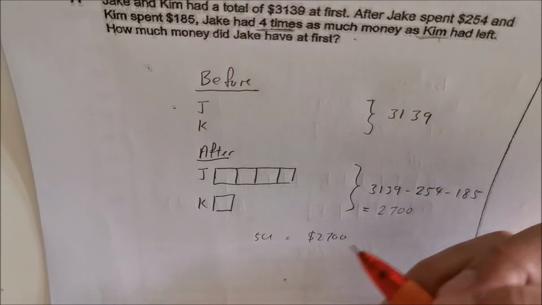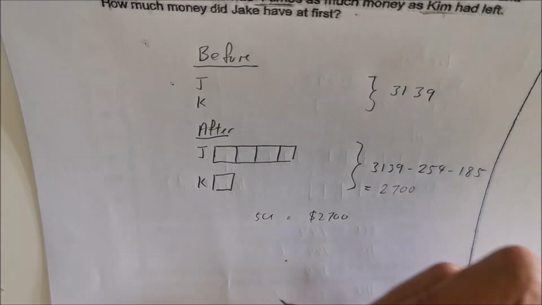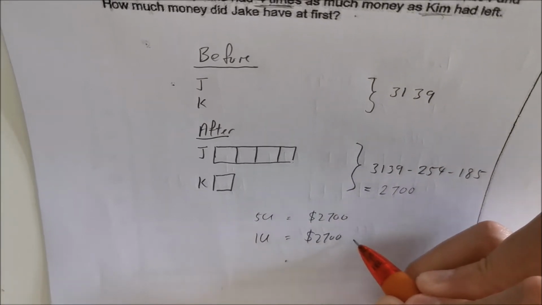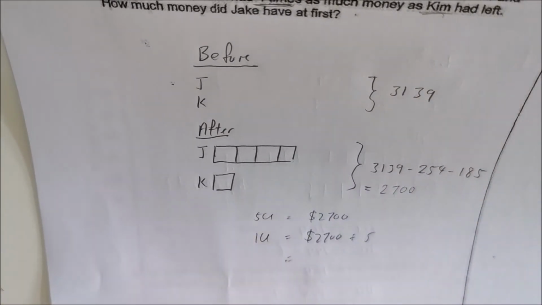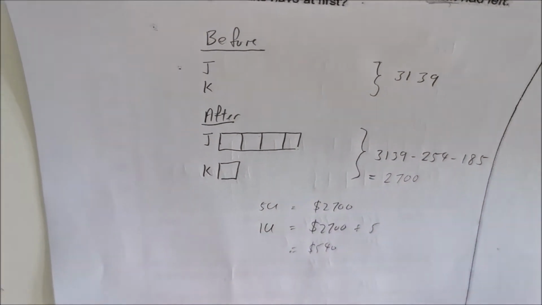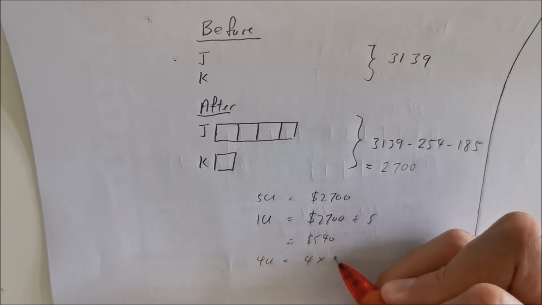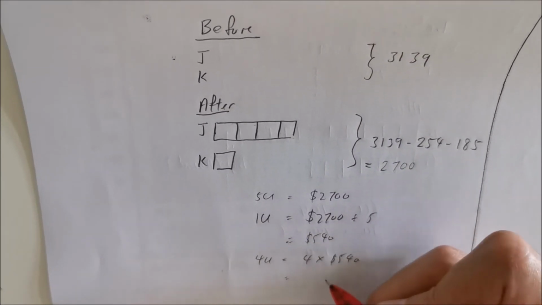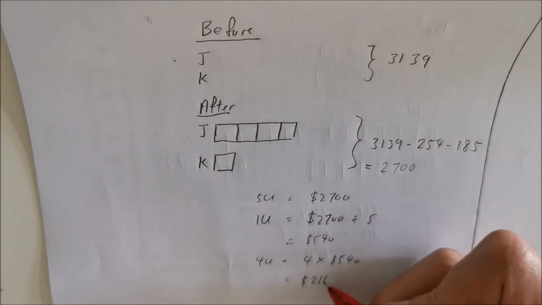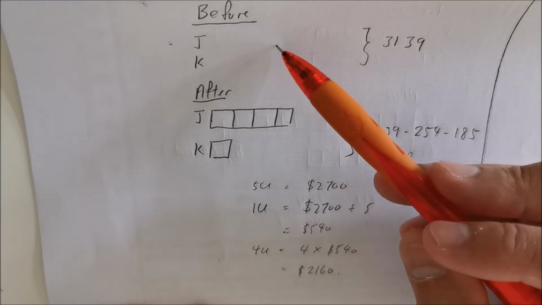So we want to find Jake, right? So we find Jake after. Jake after is 4 units. So 1 unit will be 2,700 divided by 5, 540. Okay, and 4 units would be 4 times 540. That will be 2,160. Okay, and we want to find Jake at first, right?